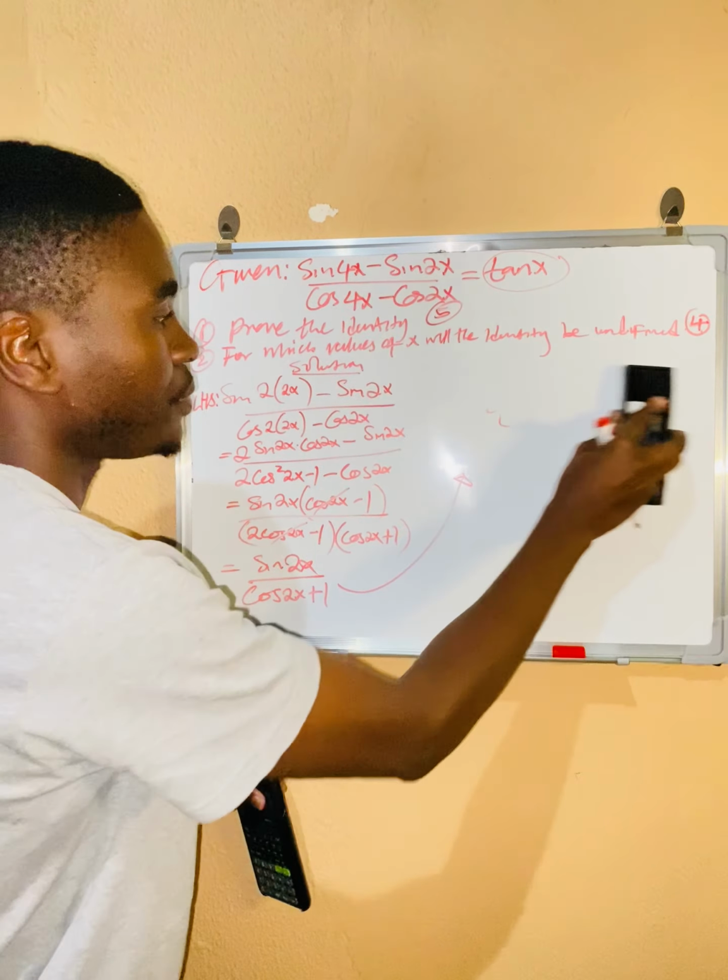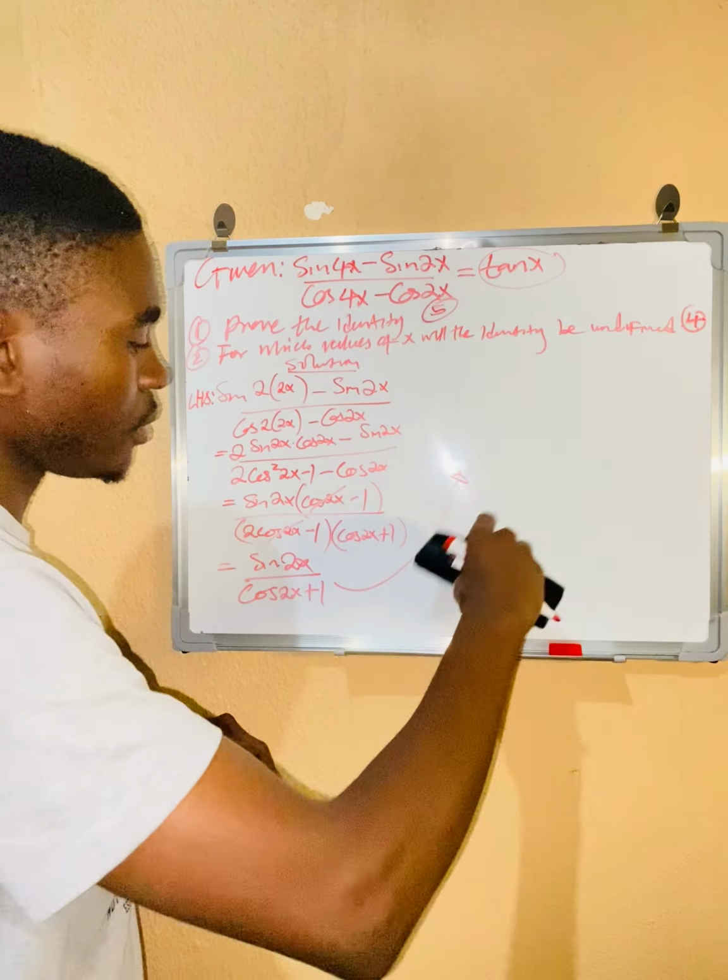We're going to have 2 sine x cos x. This is the double angle of sine. Now the double angle of cos, what is it? It's going to say 2 cos squared x minus 1 plus 1.